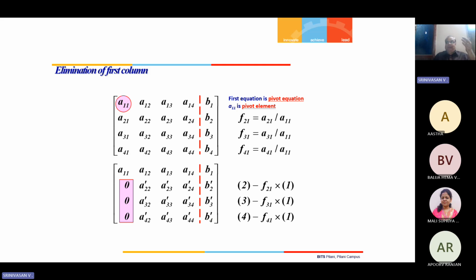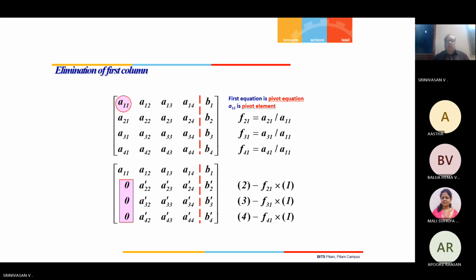Because you are going to eliminate the other coefficients of x1 from the first column, and also from the second column, then third column and then fourth column, so that you will make it an upper triangular form. You will have only A11, A22, A33, A44, and beneath that you will have zeros by doing elementary row operations.